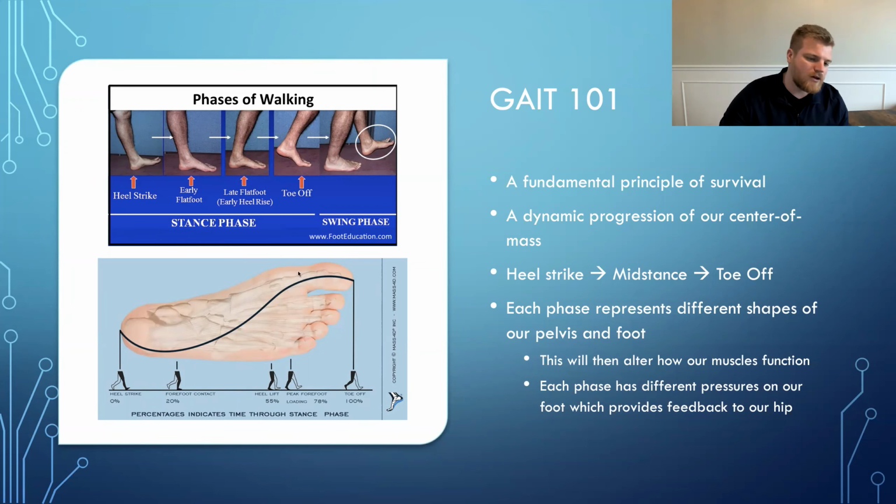If we look at this picture in the bottom, we can see how that progression of pressure and center of gravity moves through our foot. And in each different phase, we require different pressures going through our foot, which is going to require different muscle activity and different structures of our foot in order to absorb force and produce force.